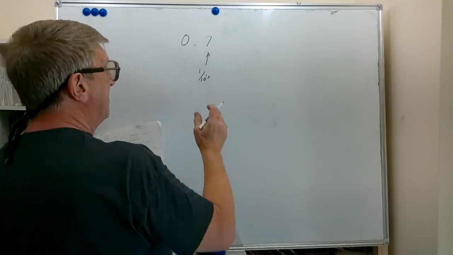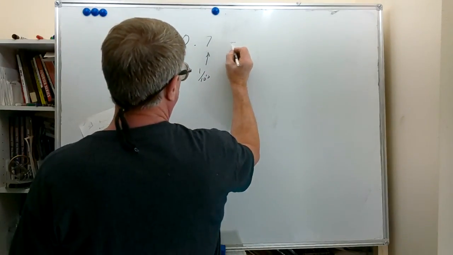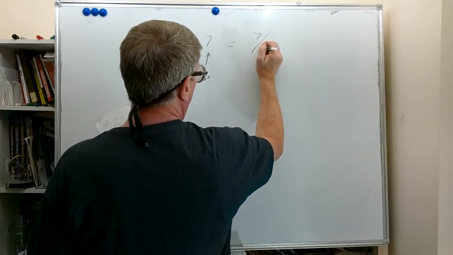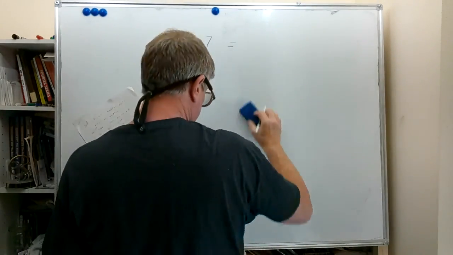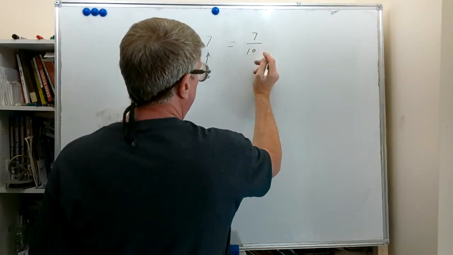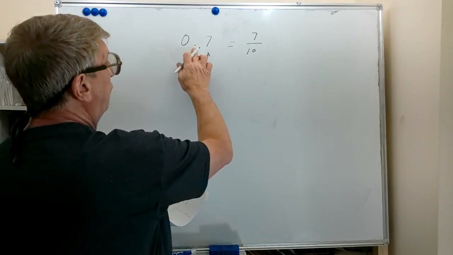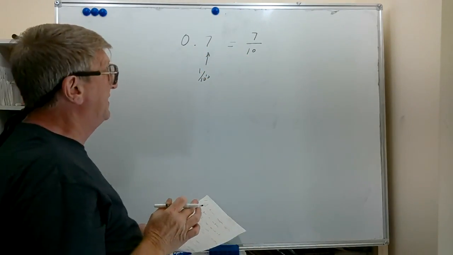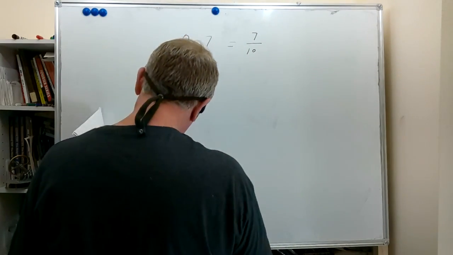What does that mean? That means that the denominator of the fraction is 10. This is the same as 7 over 10. We notice we have 10 in the denominator. We have one digit to the right of the decimal place. We have 1 0 in the denominator.